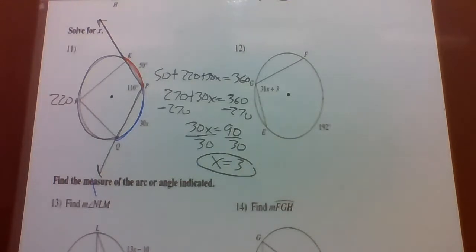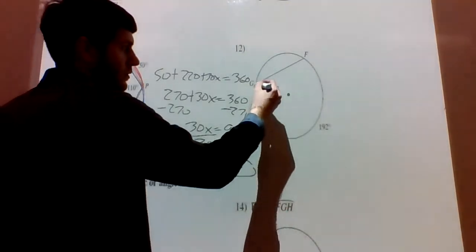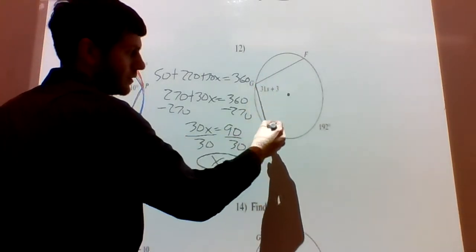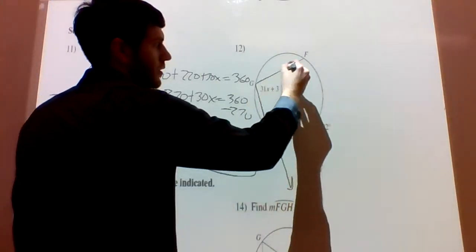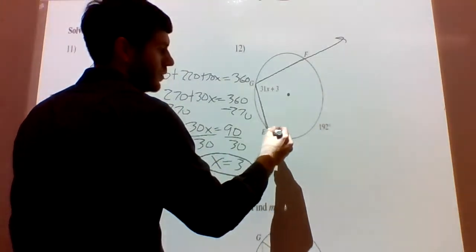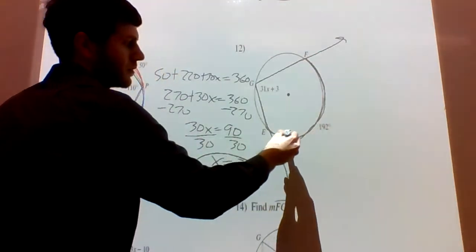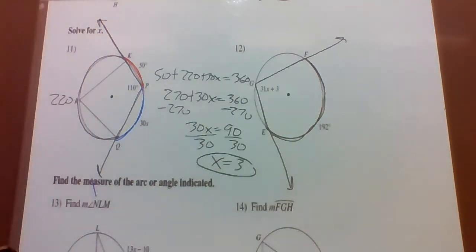All right, this one, here we have an inscribed angle. So G is on the circle. Our intercepted arc, we know the intercepted arc is 192.